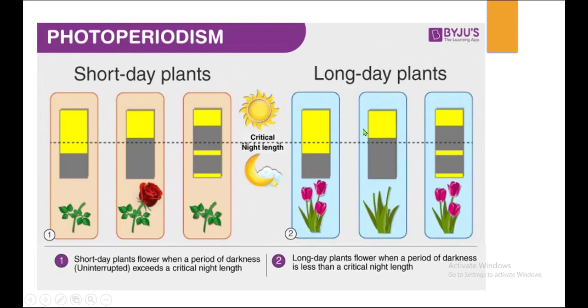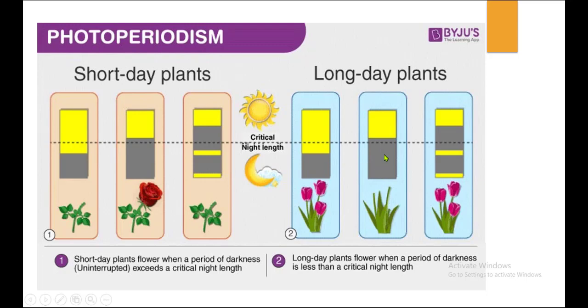On the other hand, long day plants flower when a period of darkness is less than a critical length. See, this is the critical length and the dark period is less than the critical length, so they flower in this condition. So they are long day plants because day duration is greater and night duration is less, and night duration is what matters.